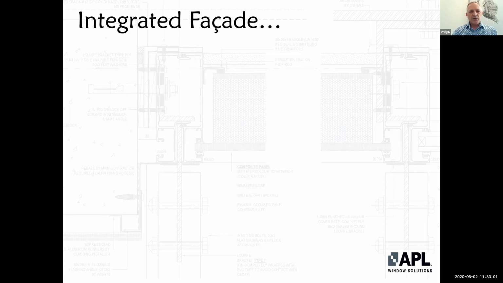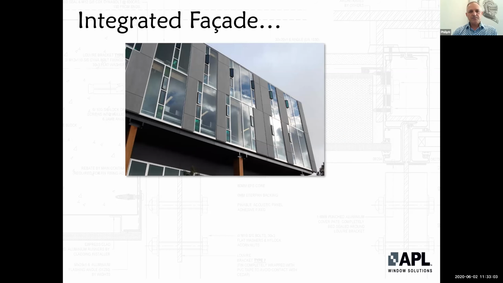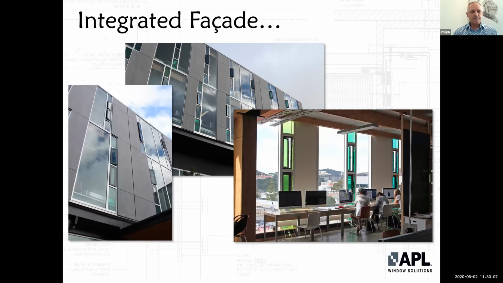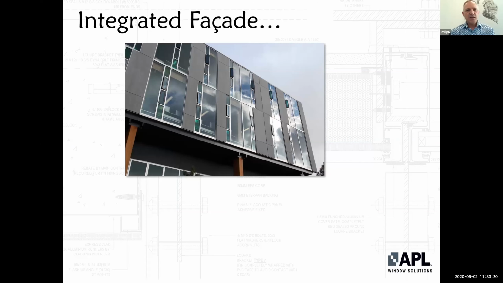So another example of an integrated facade system, again, they've used a cladding system. It's a fiber cement sheet. It's a double skin system. The reason they wanted to do that was, if I just go back to the first image, what they've done here is use the glazed facade system to look after all of the weathering, the movement, wind load, water, everything.